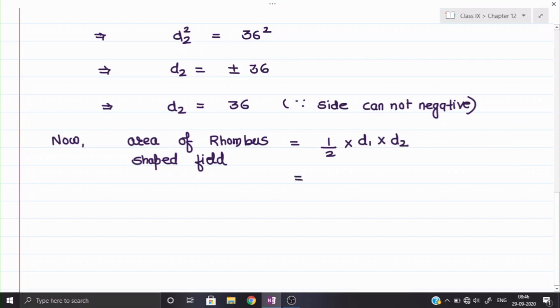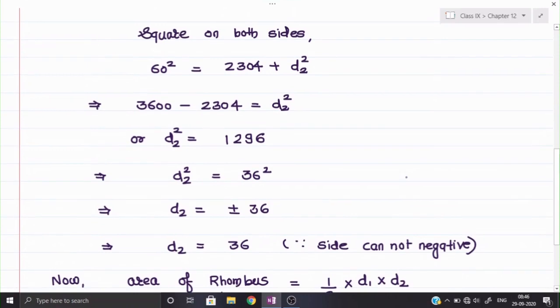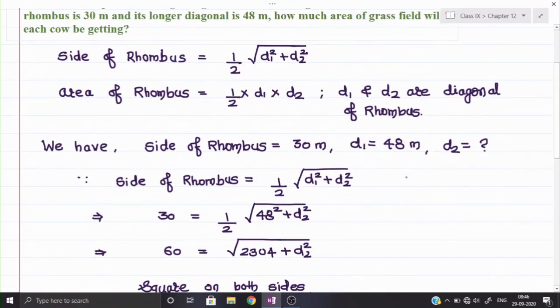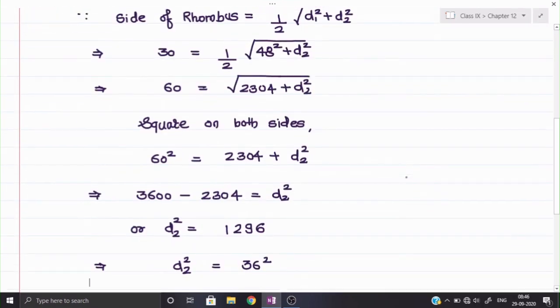Okay, so it will be 1 upon 2 into the value of d1. The value of d1 I think was 48, and the value of d2 is 36, right? I think the value of d1 we have kept as 48 over there, that is given to us. You can check, d1 is given as 48 and the side is given as 30 meter, right?